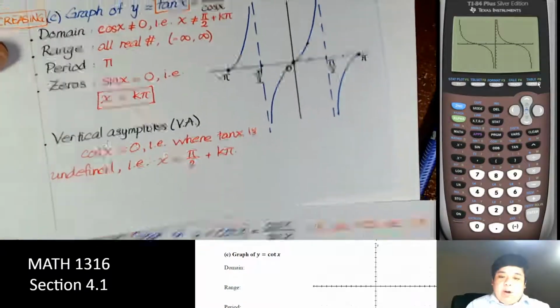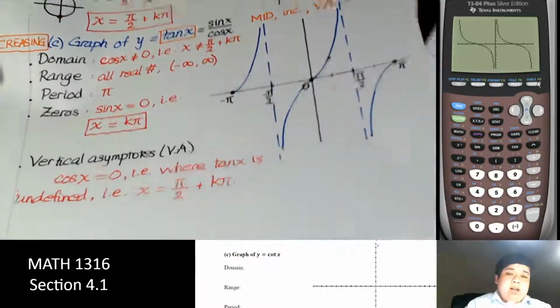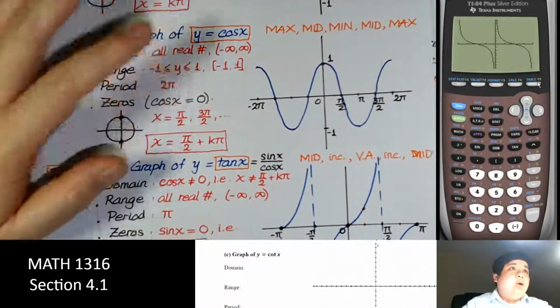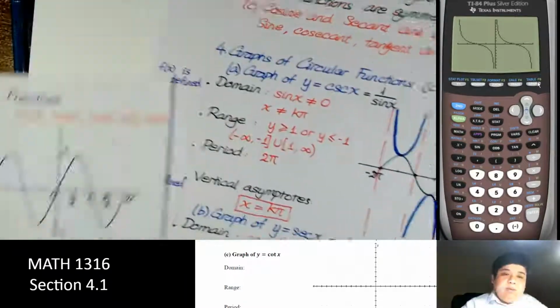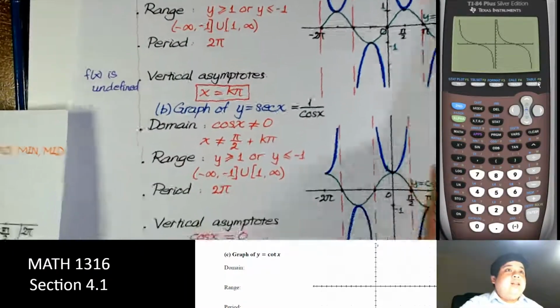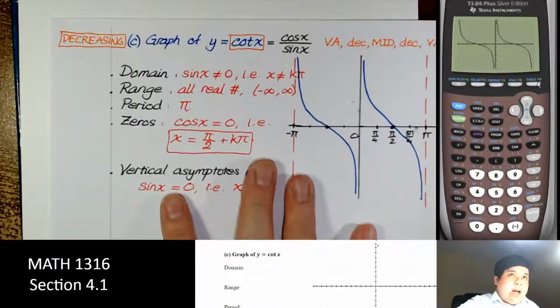So those are the graphs of all 6 trig functions: sine, cosine, tangent, cosecant, secant, and then cotangent.